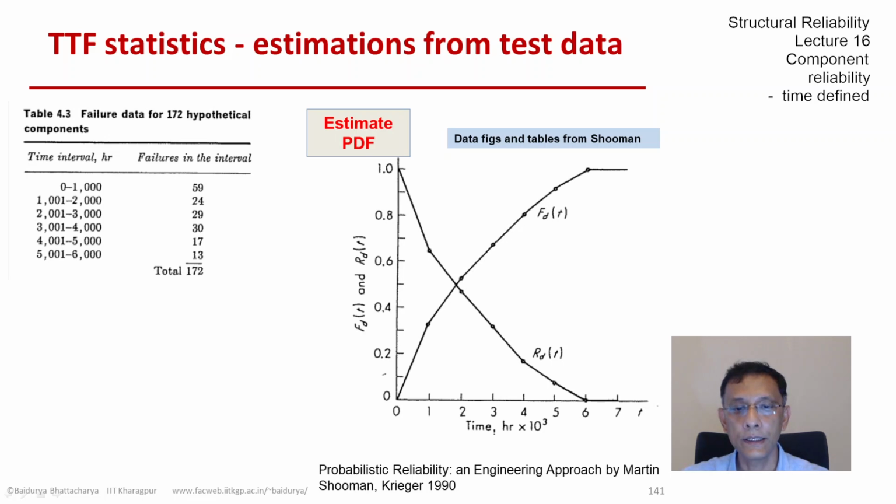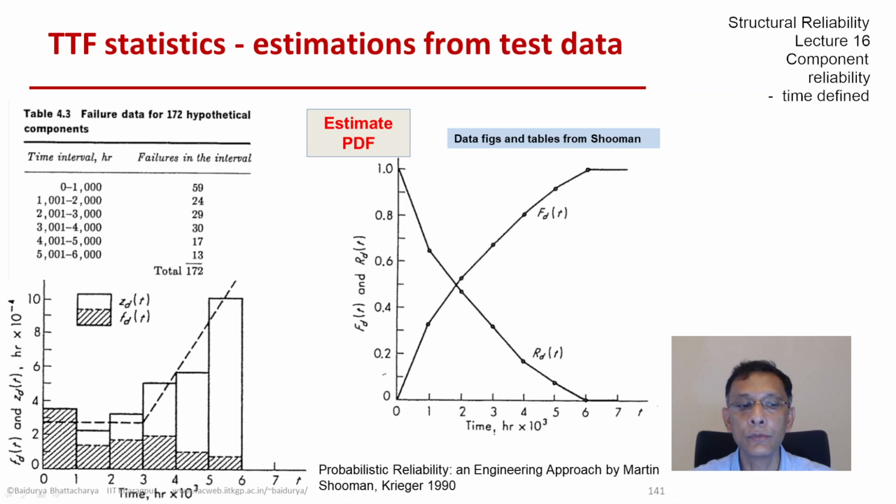The next task is to estimate the PDF of the time to failure of this component from the same data that is in our table. So for that, let us reproduce the graph from Shooman's book, and this particular graph includes both the PDF and the hazard function.